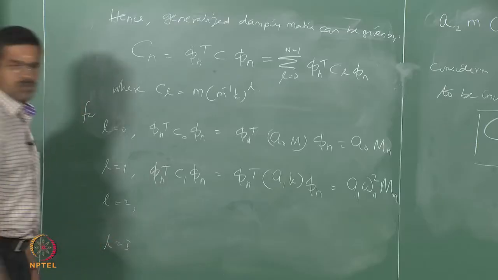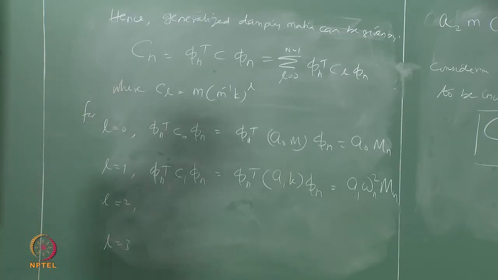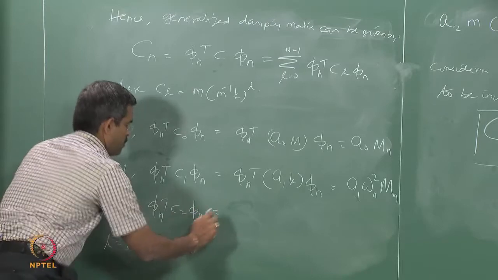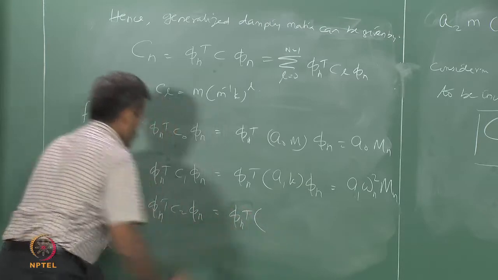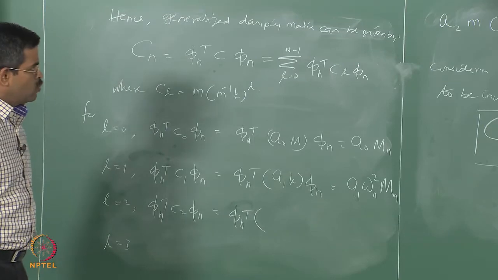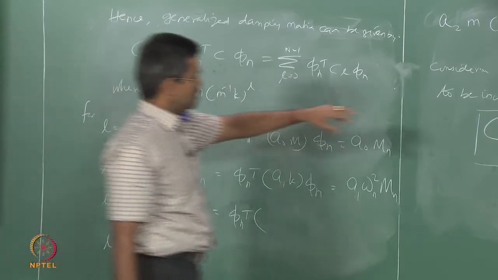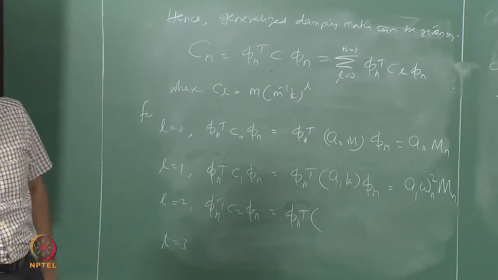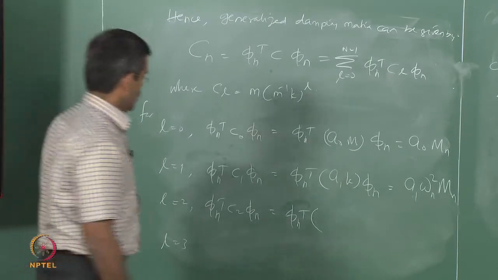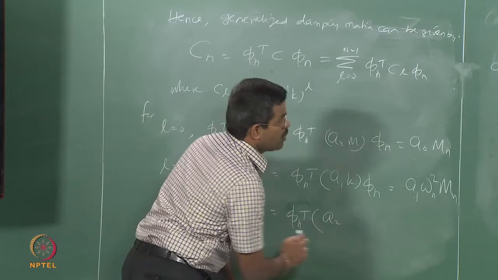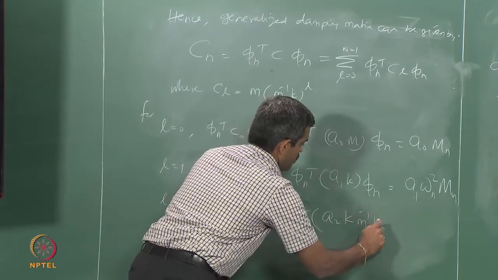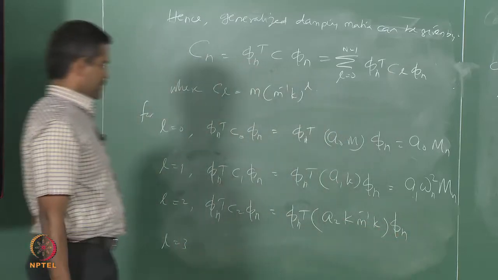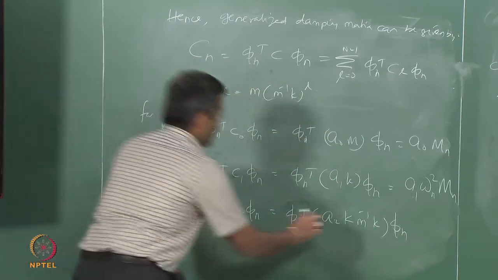Similarly, if L is equal to 2, phi n transpose C2 phi n will give me A2 phi n transpose k m inverse k m inverse k phi n.